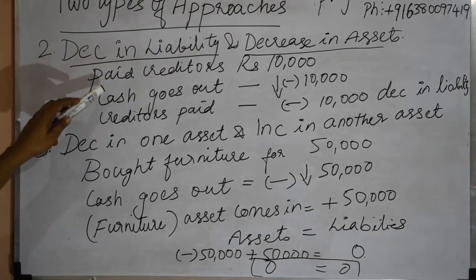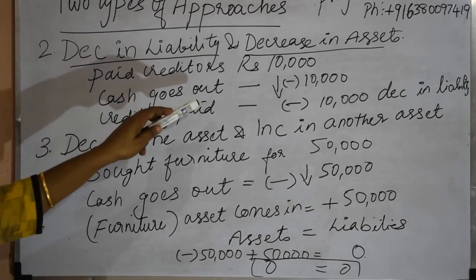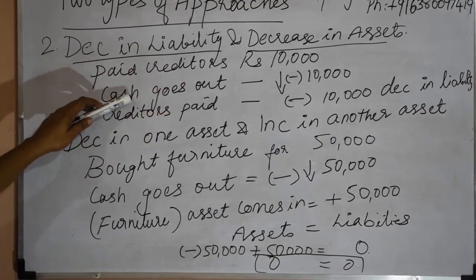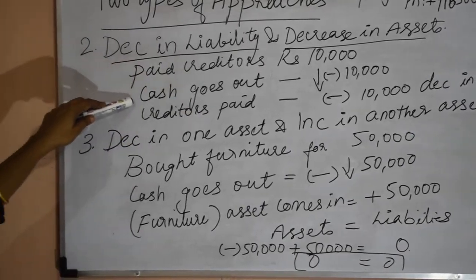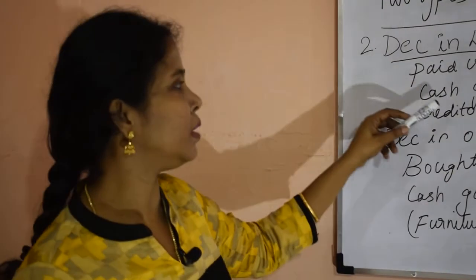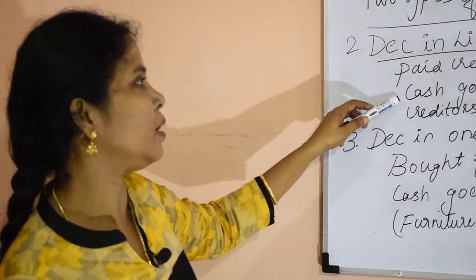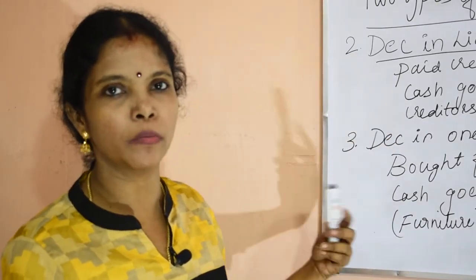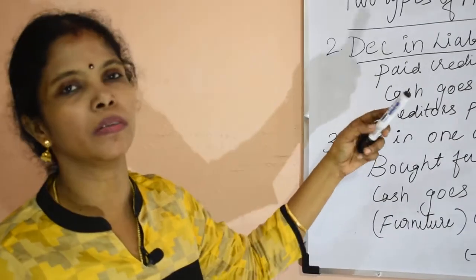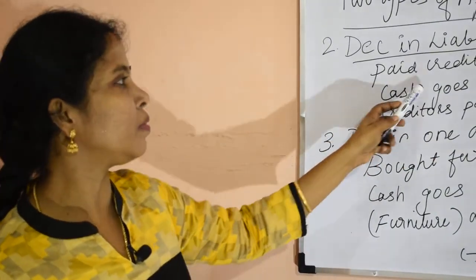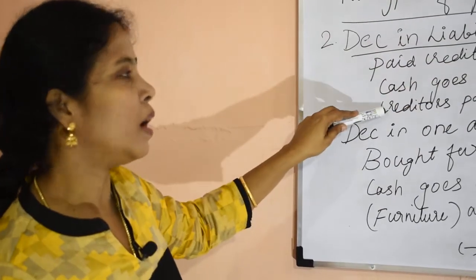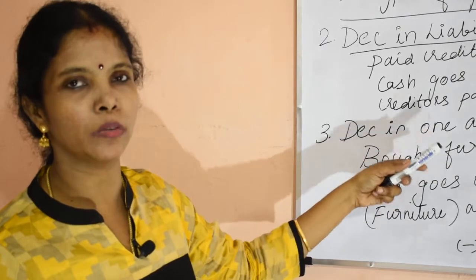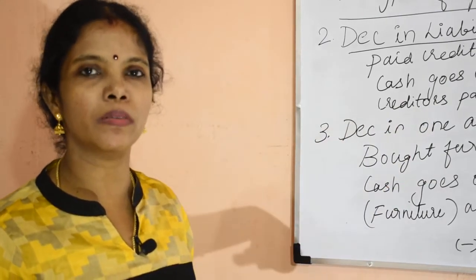Cash goes out, 10,000, and the creditors are paid. Cash goes out from the asset, not from his pocket, but from the business. The creditors are getting the amount of rupees 10,000, so the liability of the business decreases.